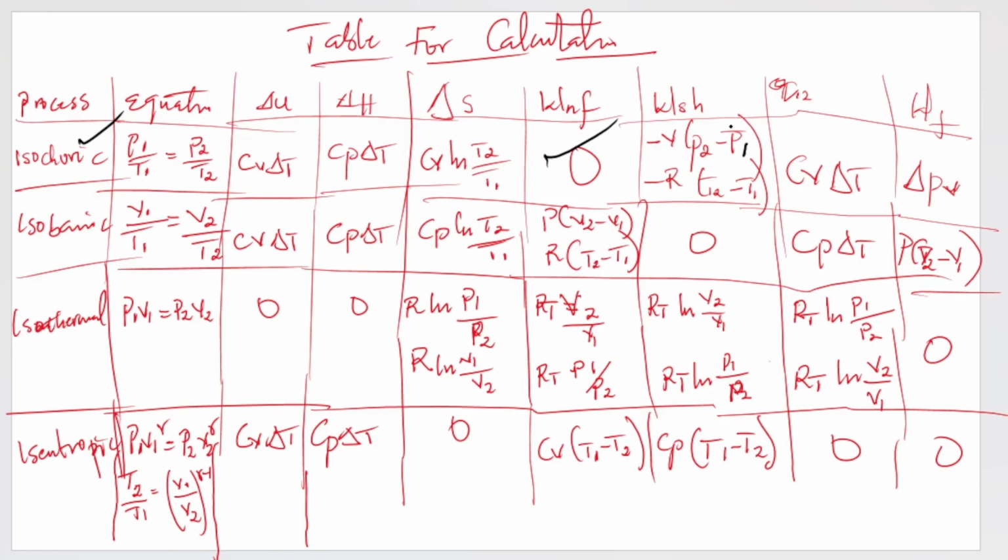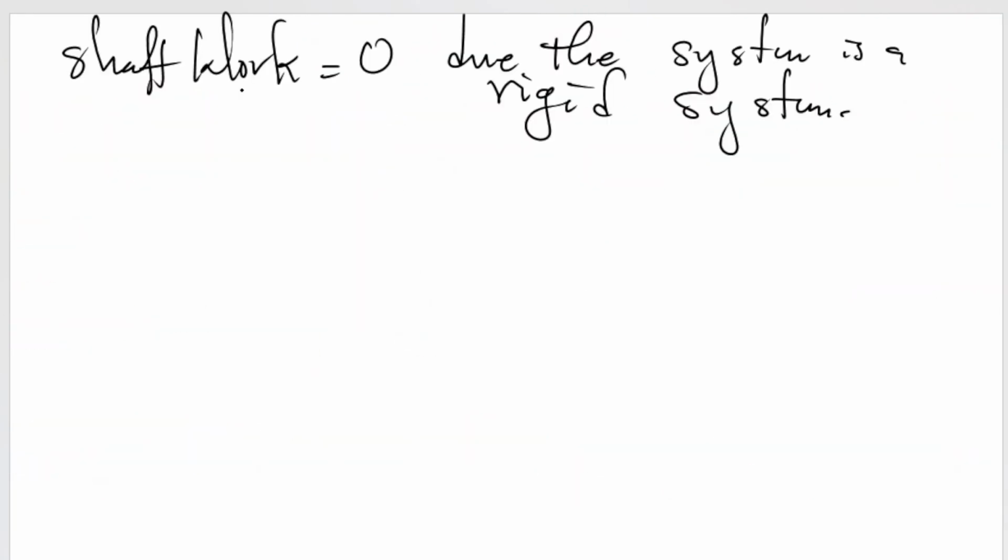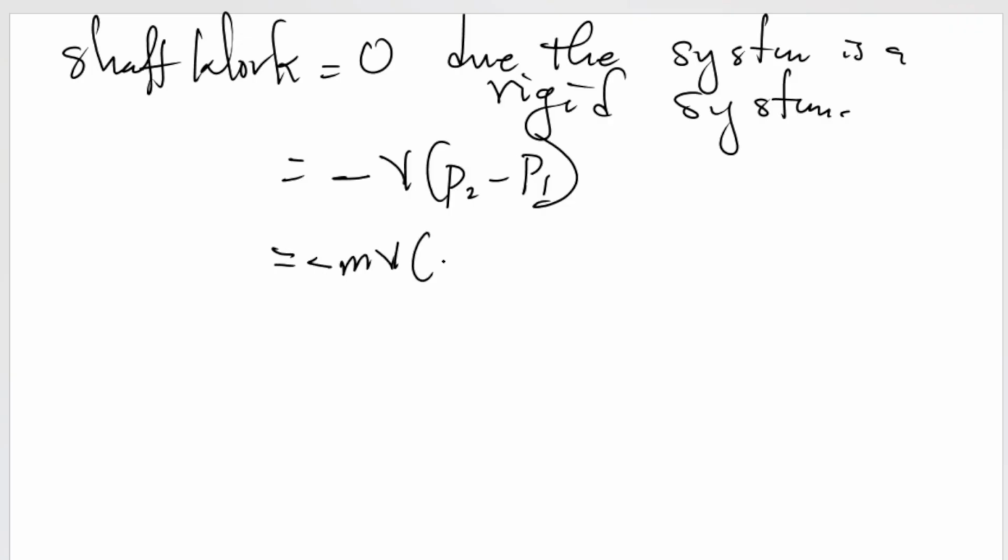So if you want to use this formula to calculate your shaft work, you will have minus V into P2 minus P1. Remember, you are going to multiply mass to this formula. Therefore, you'll have minus mV divided by P2 minus P1.